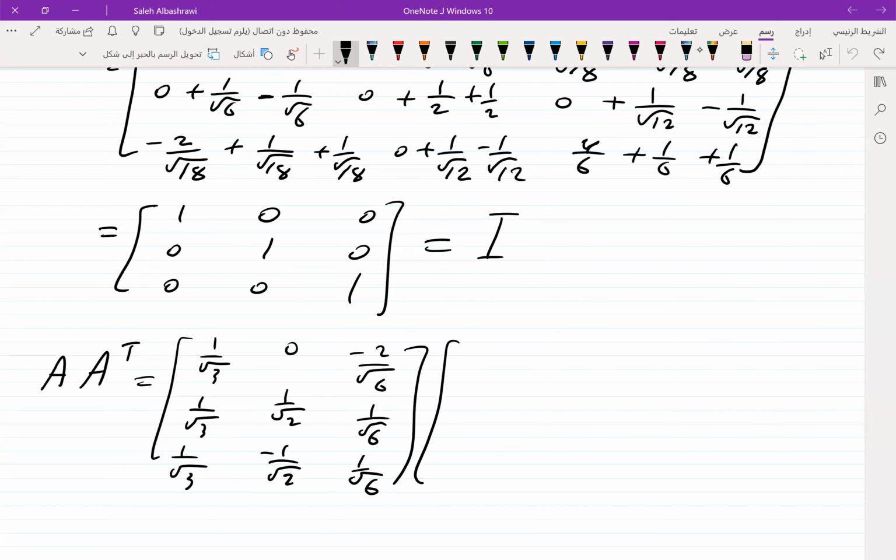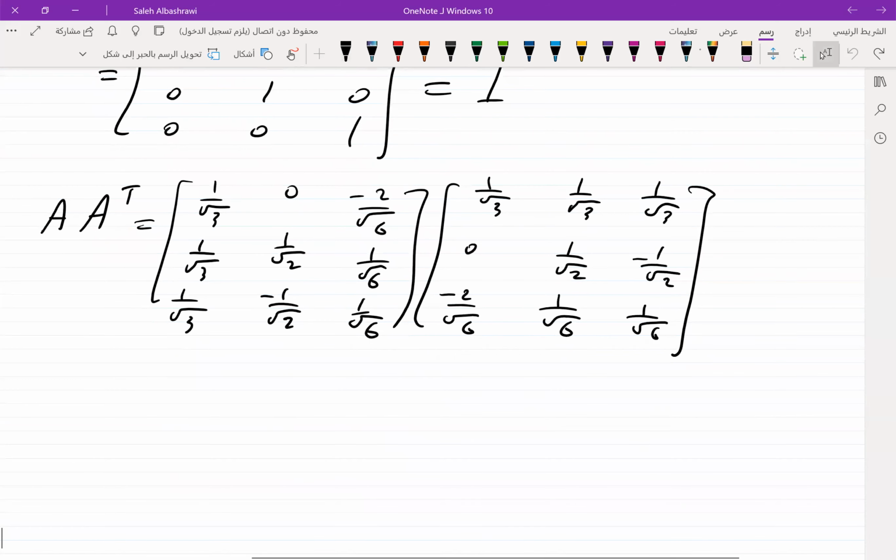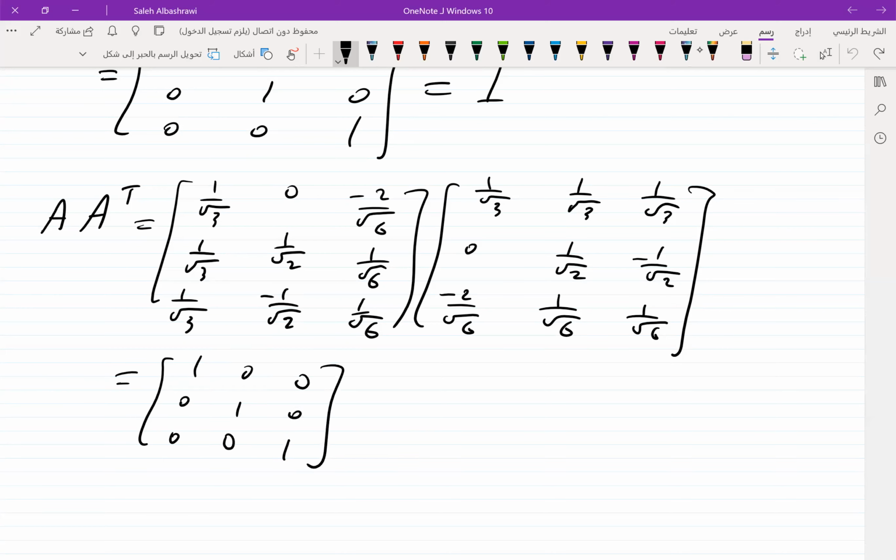That will be... it is very easy to check that you will get the identity 1 0 0 0 1 0 0 0 1.